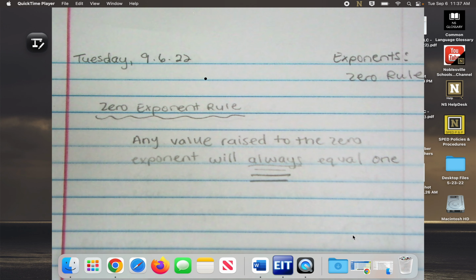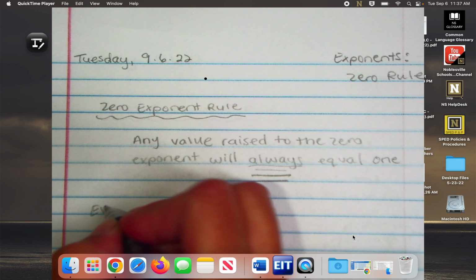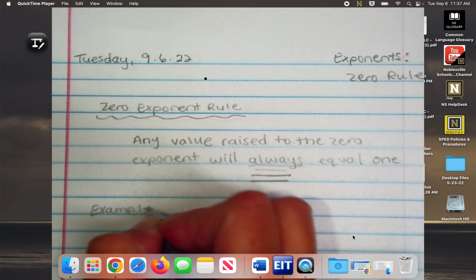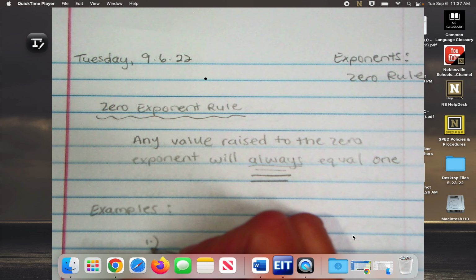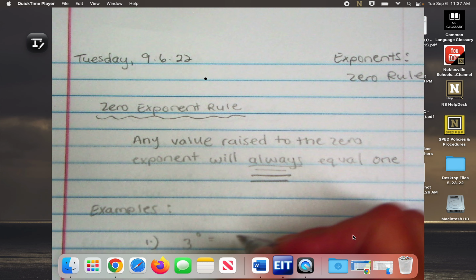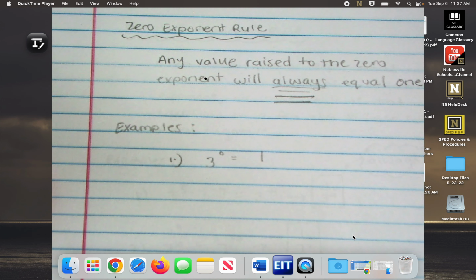Okay, so these examples are pretty straightforward. 3 to the 0 power equals 1. Is that a 6 or a 0? It's a 0. Okay. It's a little small.